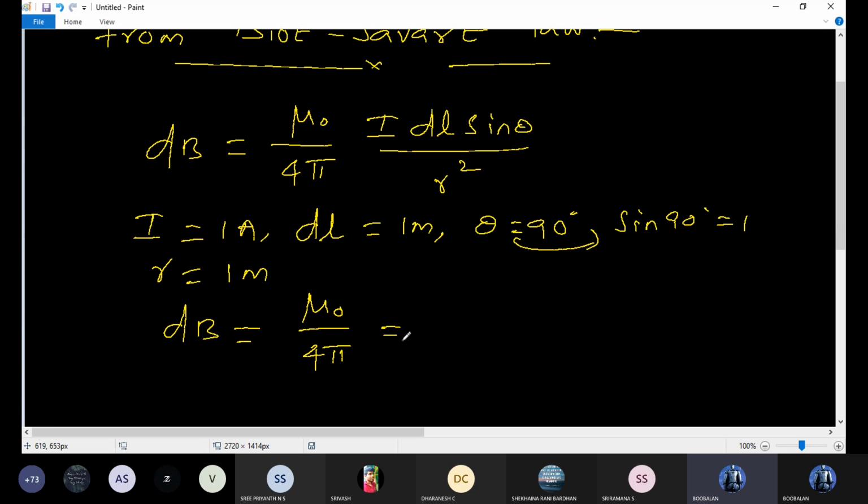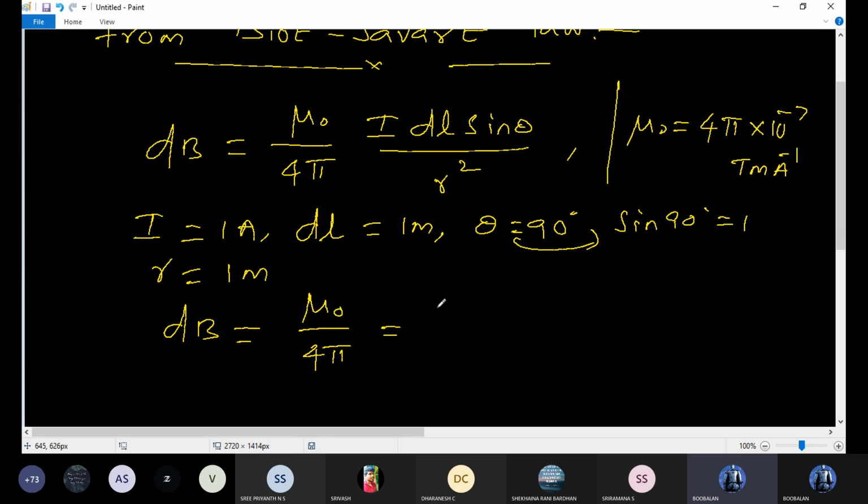Already you know very well the value of mu naught, it is equal to 4 pi into 10 power minus 7 Tesla meter ampere inverse.